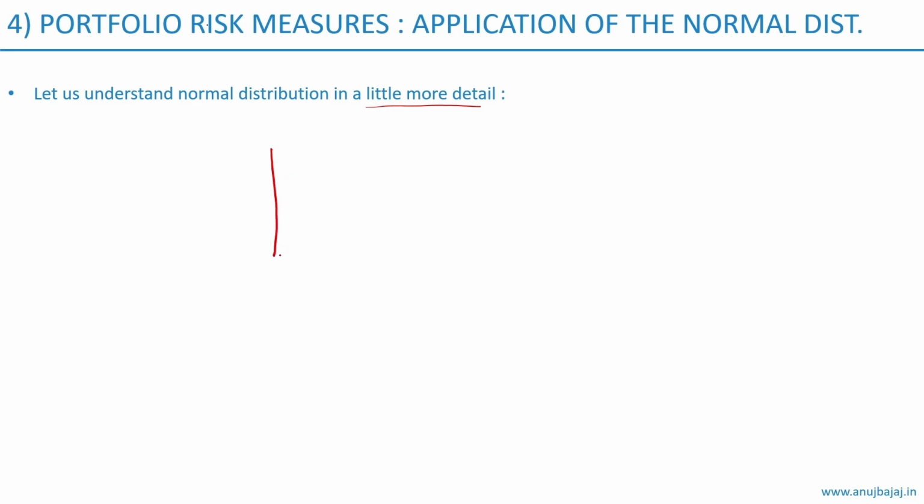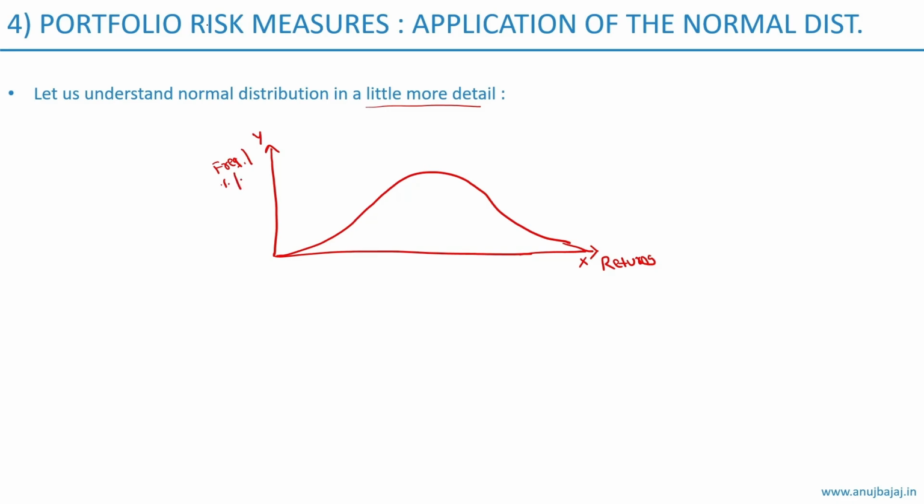So this is how the normal distribution looks. This is the y-axis and x-axis. X-axis represents the returns and y-axis represents the frequency of the observations or percentage of the observations or the probability.